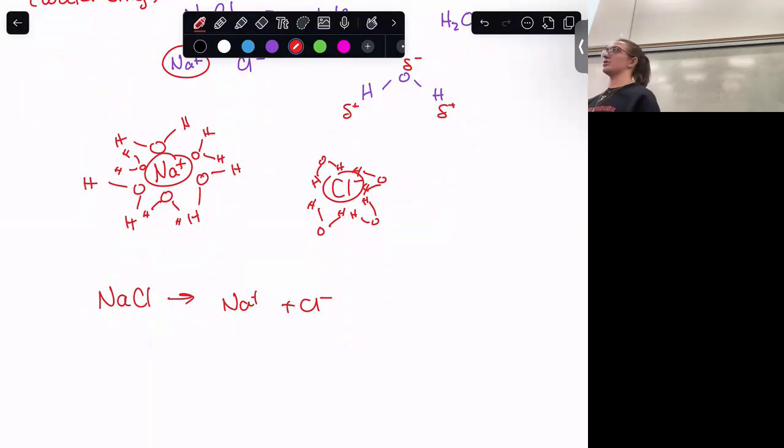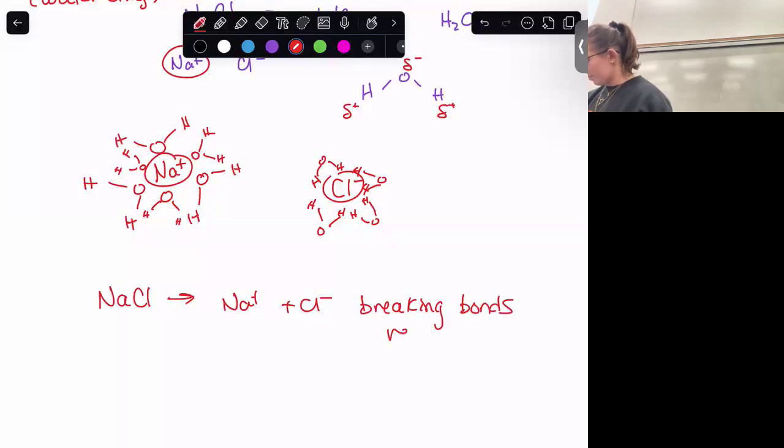All bond breakage is going to require energy. If you think about trying to break a board in between your hands, you have to put effort in to break that board. So you have to put effort in to break the bond between the sodium and the chloride ion. So breaking bonds requires energy.